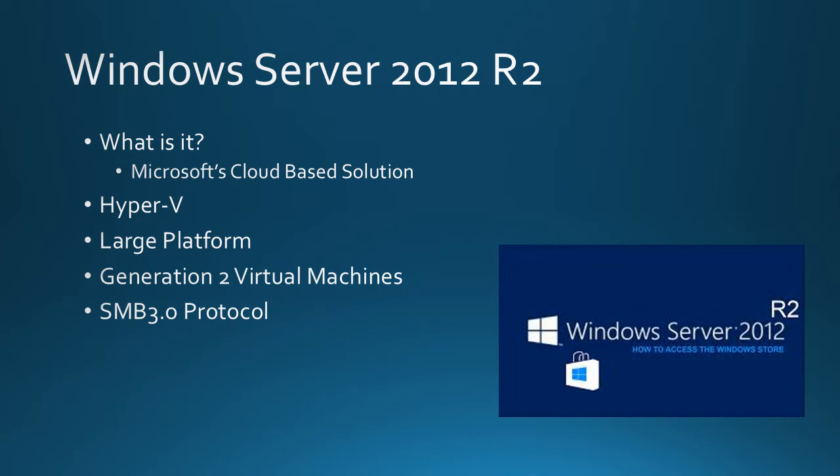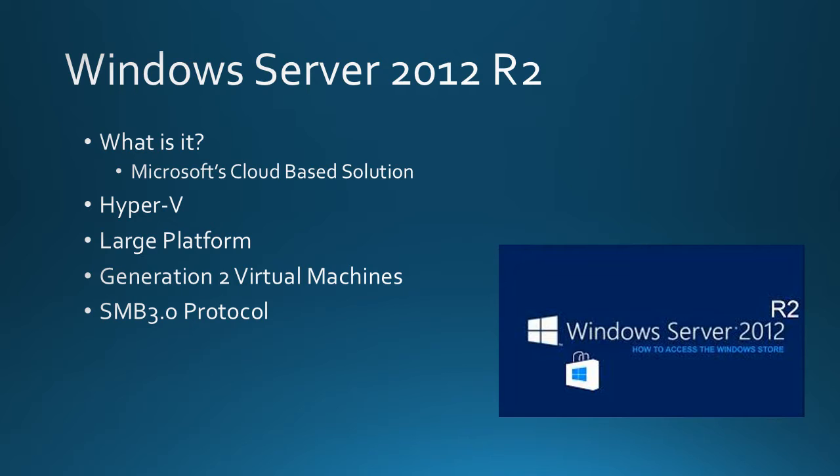Virtual machine mobility allows the migration of files through a network at high speeds by compressing the files. By compressing the files, the transfer speed increases by twofold. For faster boot times, Windows Server 2012 R2 has introduced Generation 2 virtual machines to Hyper-V.